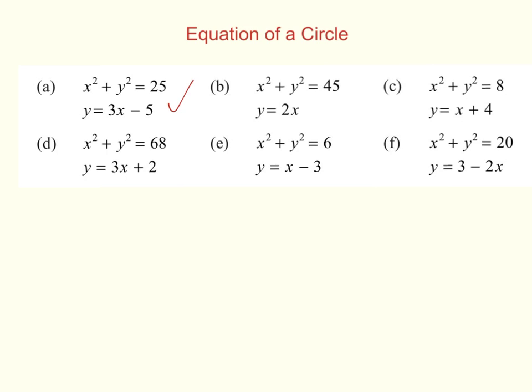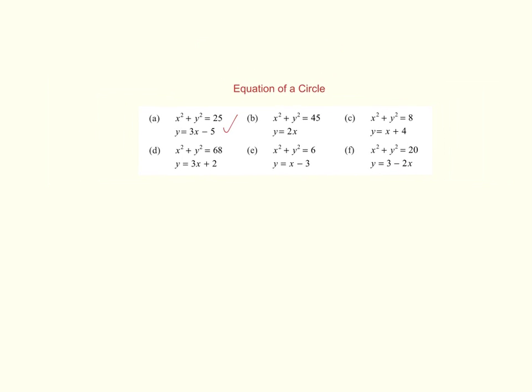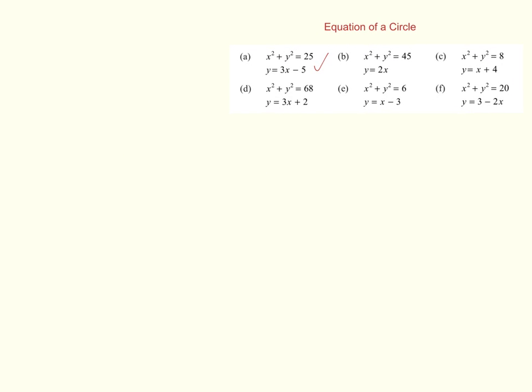Okay, so the second one then, let's make a little bit of space, put that on the side over there. And again, y is already the subject, and I might want to call this equation 1 and call this equation 2. So I will then substitute equation 2 into equation 1.